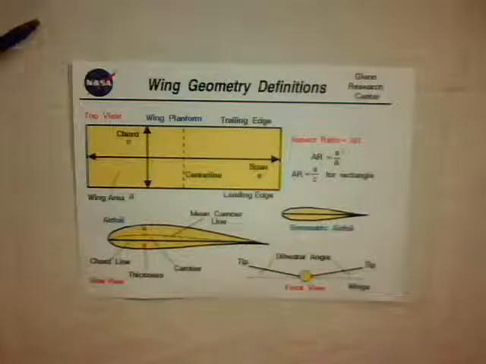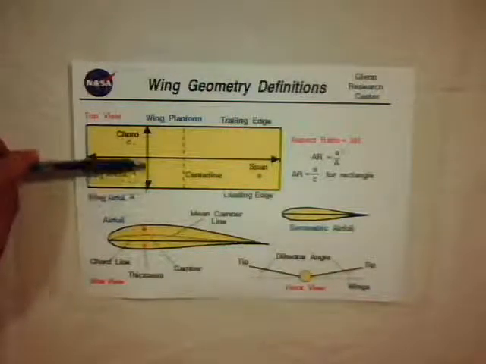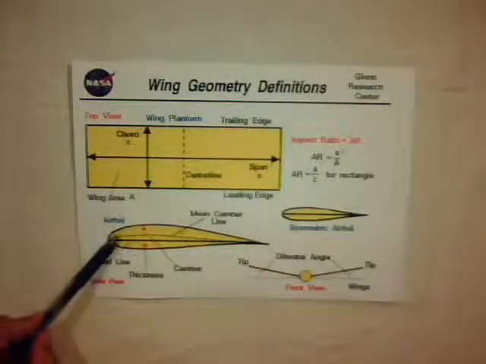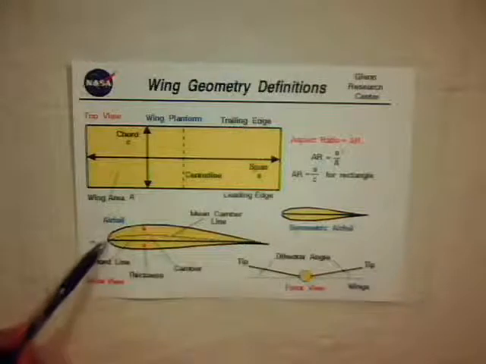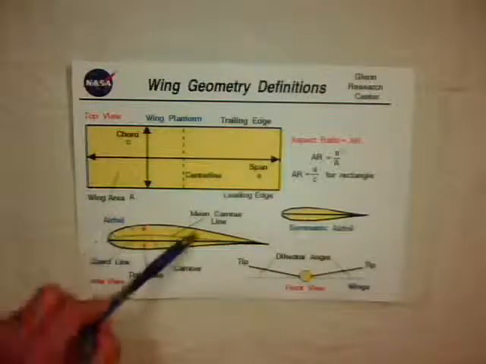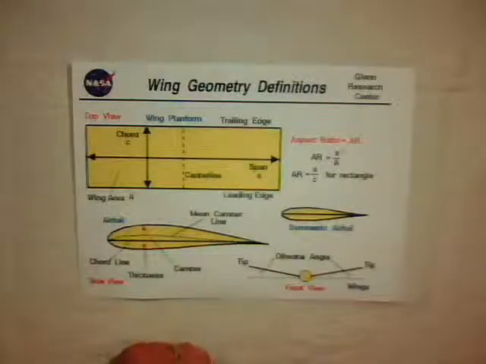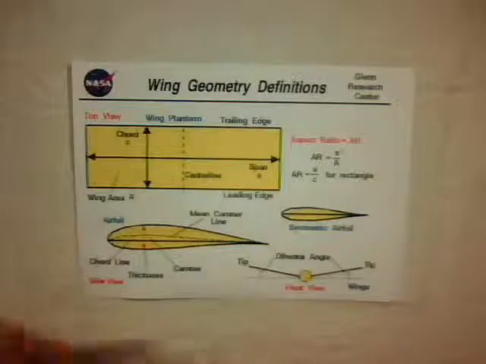The other terminology that you should know about is called the chord. Okay. Now the chord line is a straight line. If we take the cross section of the wing here, it's a straight line from the very frontmost tip of your aerofoil to the very most backwards tip of your aerofoil. Which brings me to the other terminology.